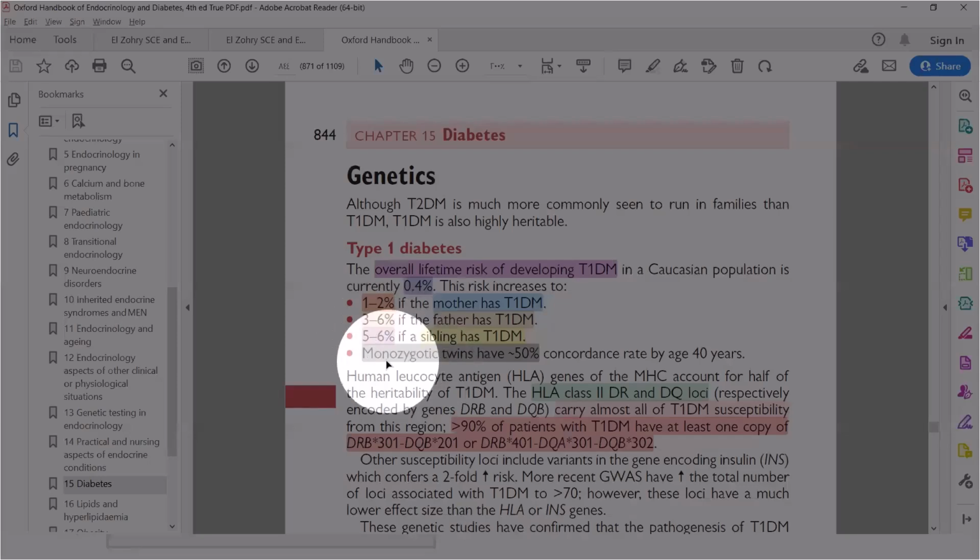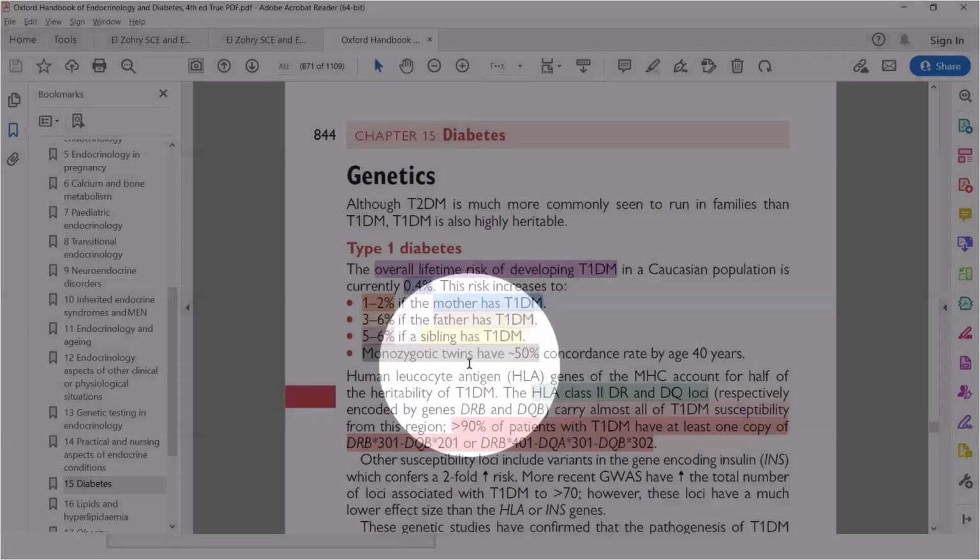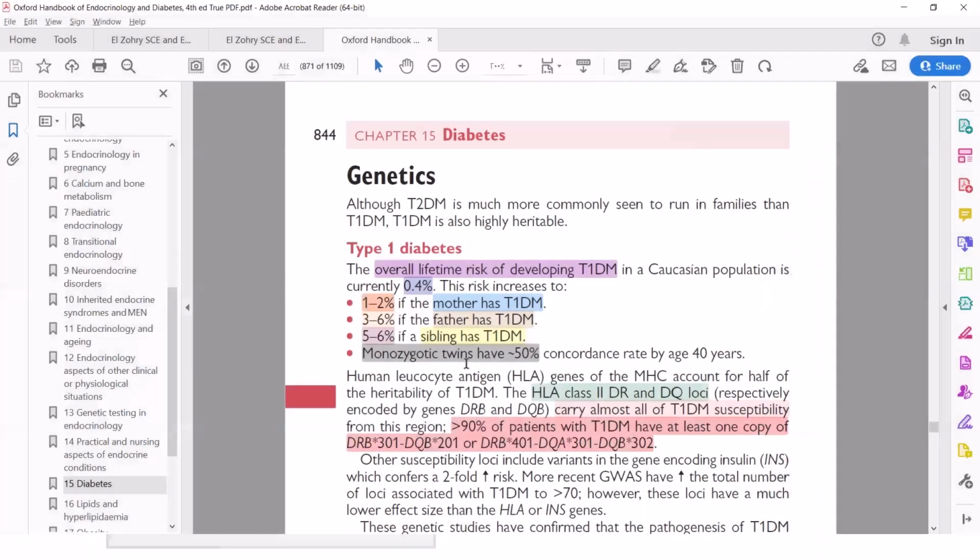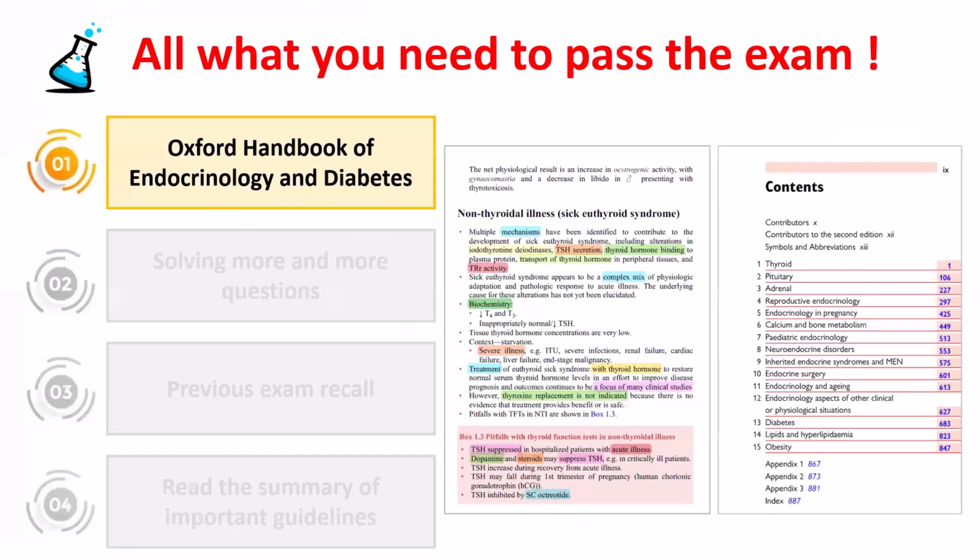And they ask another question, if we have twins and one of them has type 1, what is the risk for the other monozygotic twin to inherit type 1 diabetes? And another question, they ask if the father has type 1 and the mother has type 1, what is the risk of inheritance, and so on. So these are very important notes to write in your own book. This is very important for everyone to pass the exam and to study endocrine well.